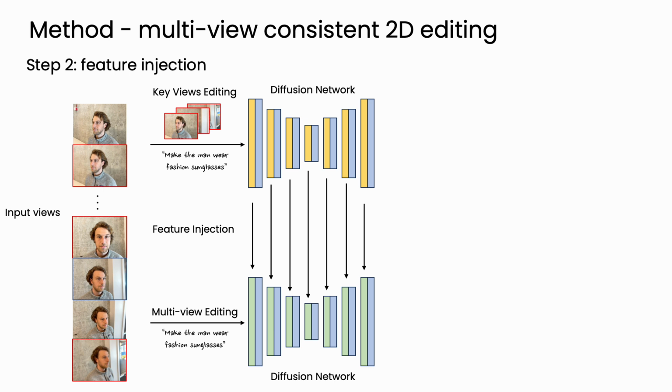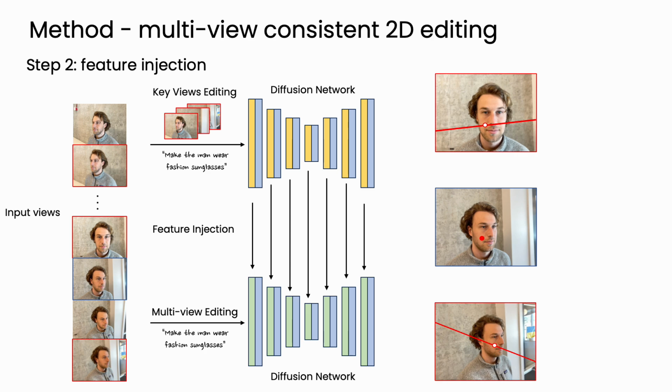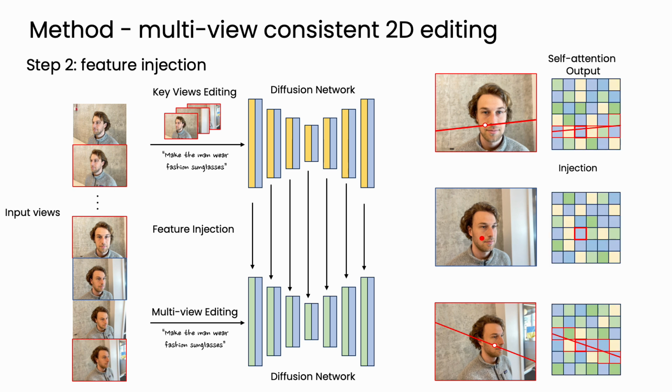Specifically, we use epipolar lines as our 3D geometry constraints for the feature injection. Given an image and the point of interest, we first find out the 2 closest keyframes and the corresponding epipolar lines on the 2 frames. And then we compute the similarity between the features following the epipolar constraints and inject the feature of the keyframe to the current frame.